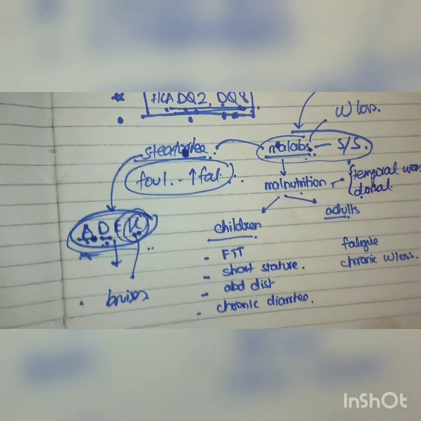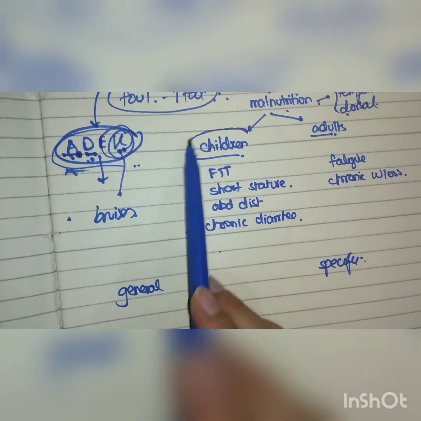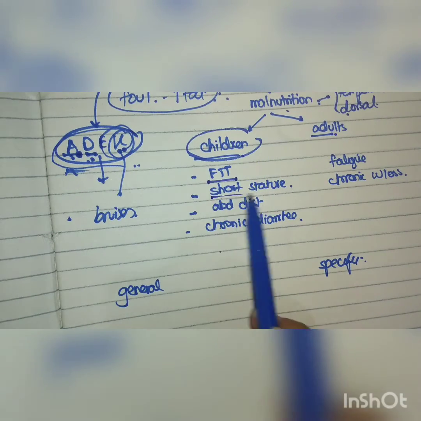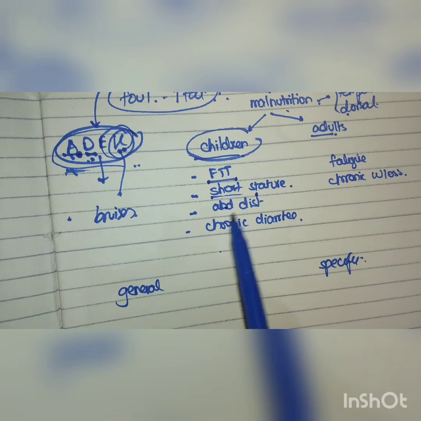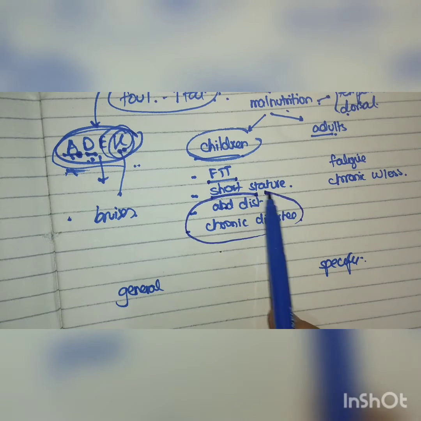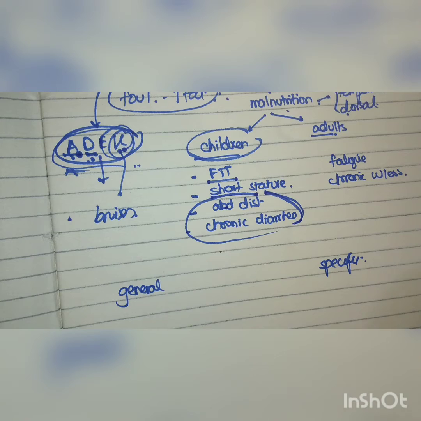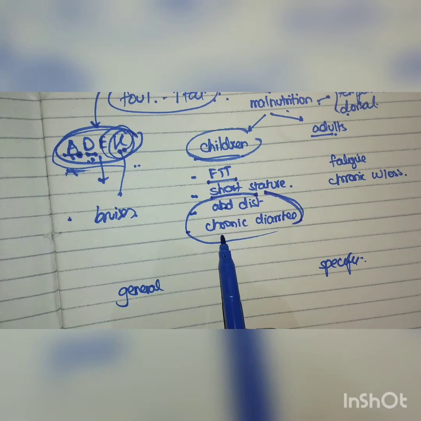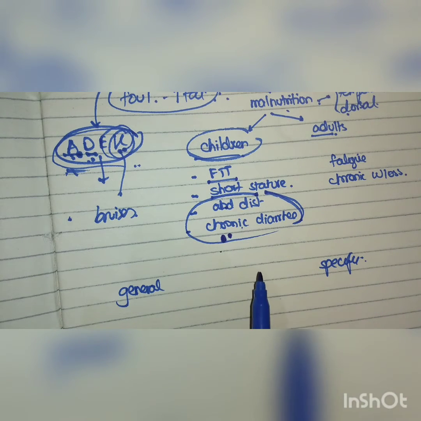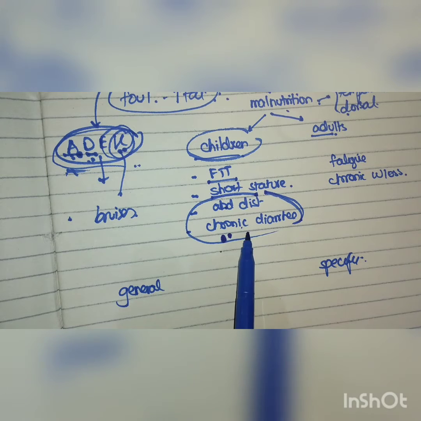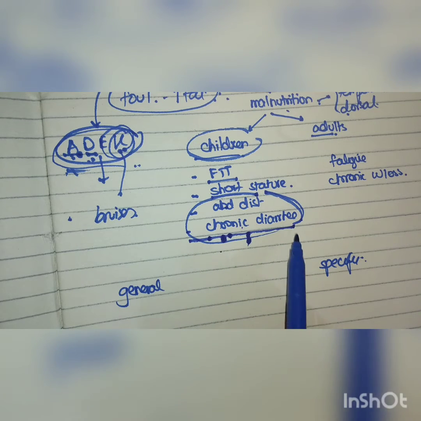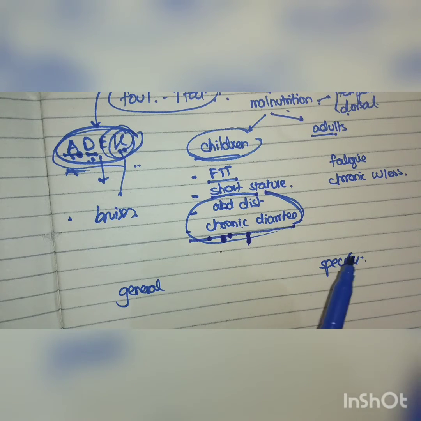Okay, so in children, celiac disease can present as failure to thrive, short stature, and complaints. The parents would tell you that their baby is having chronic diarrhea since weaning started. Since they first gave their child a piece of roti or bread, the child started having chronic diarrhea. But they don't know that this is because of the roti.